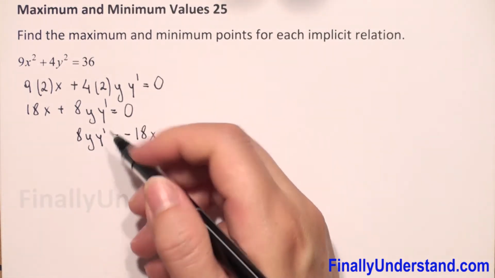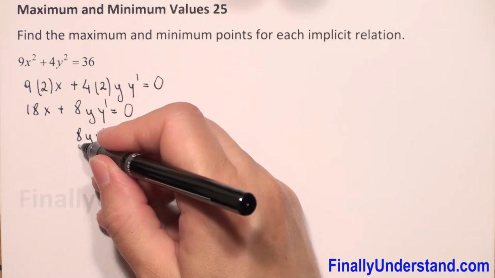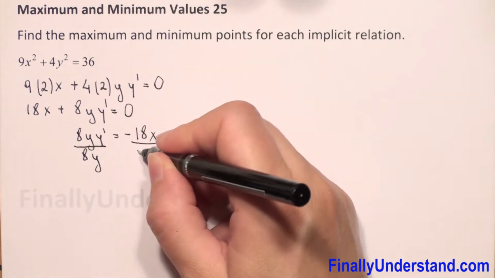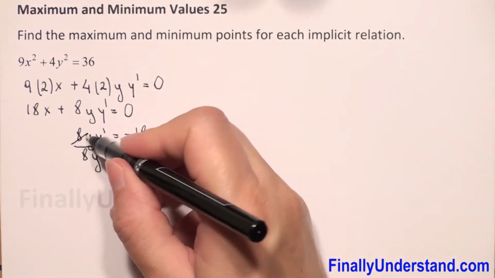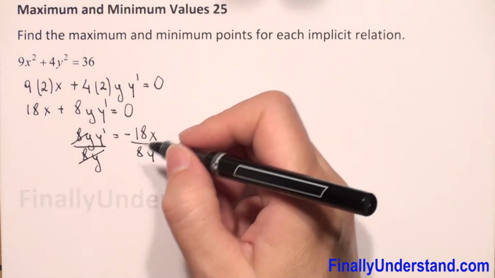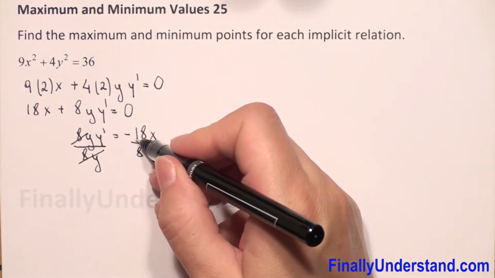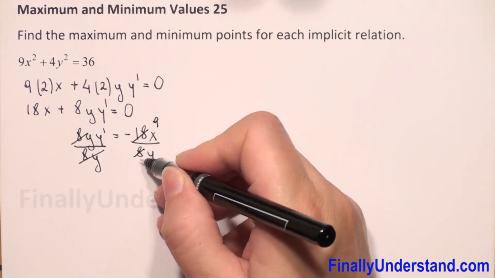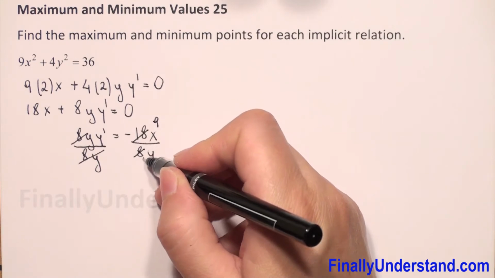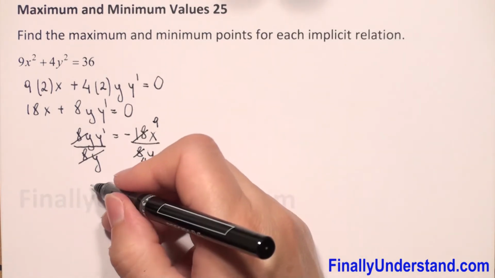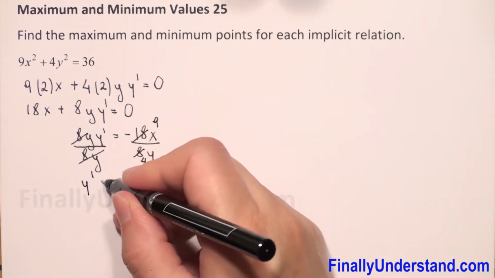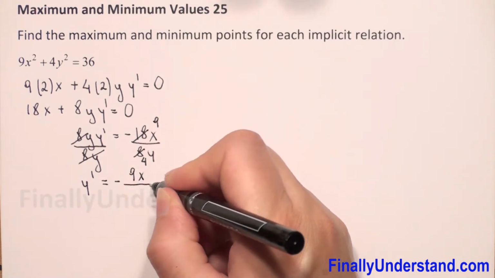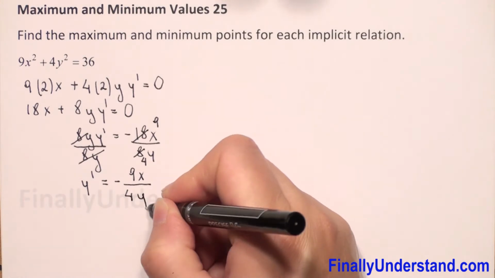To find y prime, I will divide both sides by 8y. So this we can reduce, and 18 divided by 2 is 9 over 8 divided by 2 is 4. So we have y prime is equal negative 9x over 4y.